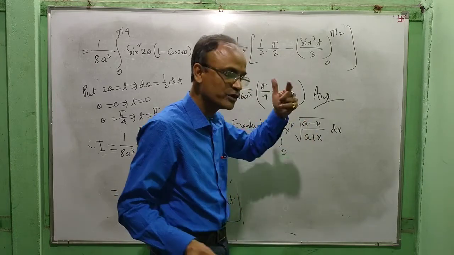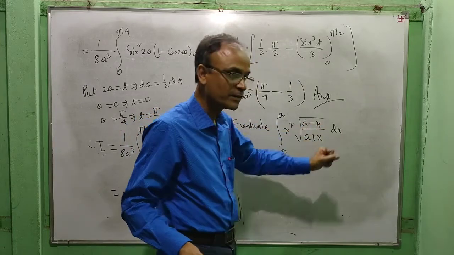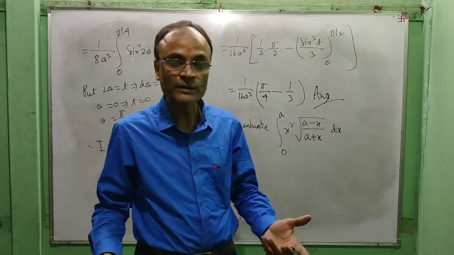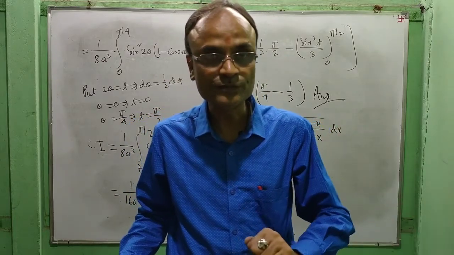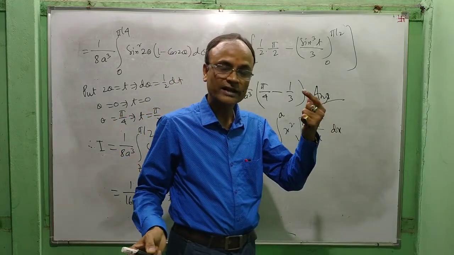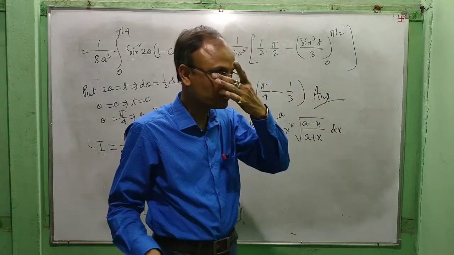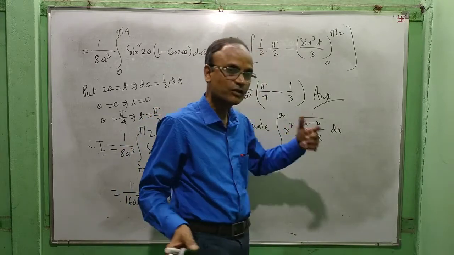If you put x is equal to a cos theta, it will be 1 minus cos theta divided by 1 plus cos theta. For 1 minus cos theta, you may write sin square theta by 2. For 1 plus cos theta, you may write twice cos square theta by 2. Sin square theta by 2 by cos square theta by 2 is tan square theta by 2, so the radical sign will be cancelled.